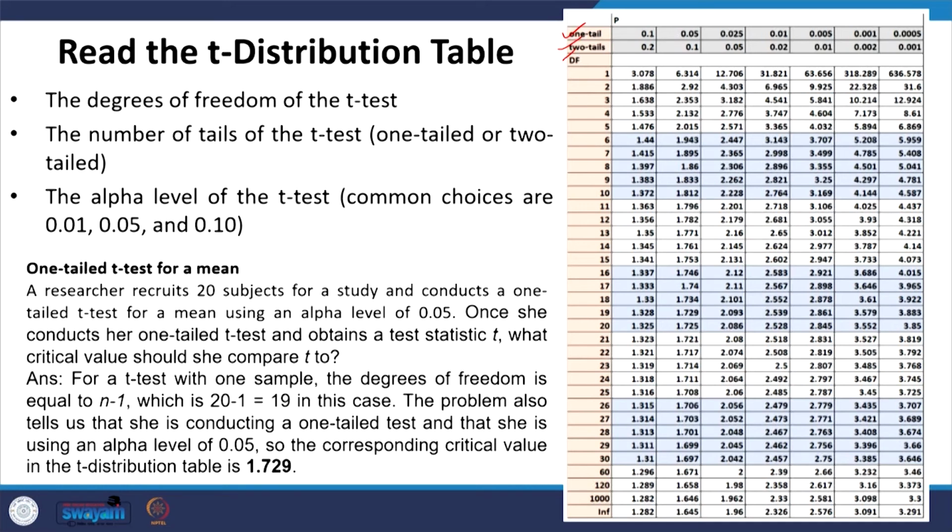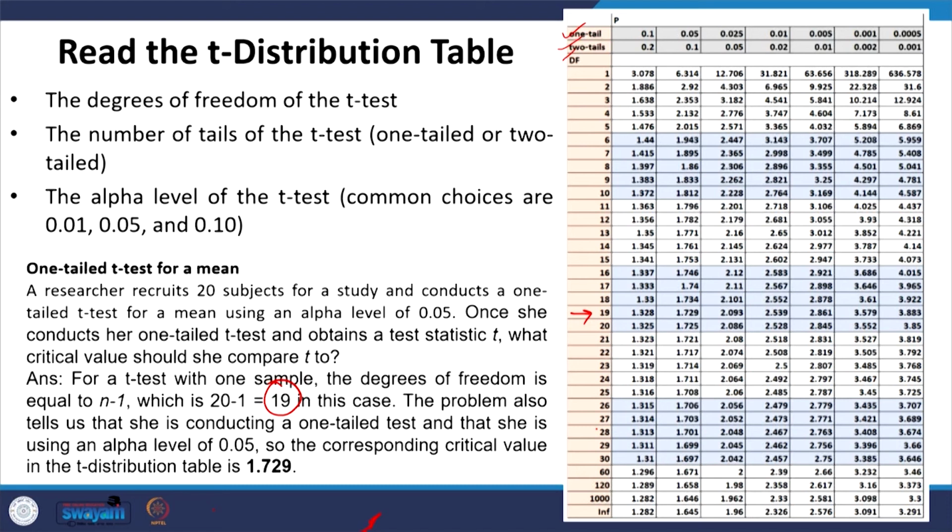For this, 20 subjects are there, and our degrees of freedom is with one assumption, that is we lose one degree of freedom in testing. So 1 degree of freedom is deducted, so degrees of freedom is actually 19, that is 20 minus 1. So we go straight to check 19 on the row.